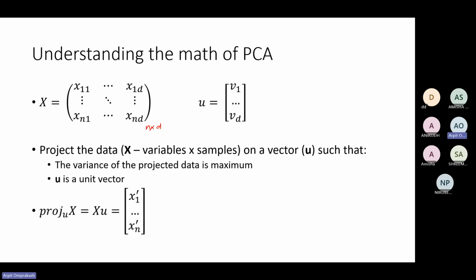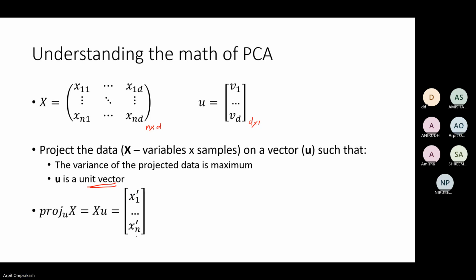So let's say this is our data matrix X, and we have a vector U, which has dimensions d cross 1, and U is a unit vector. We want to project X on U, which in matrix terms is given by XU, the dot product.